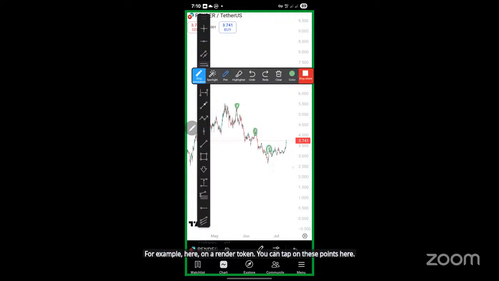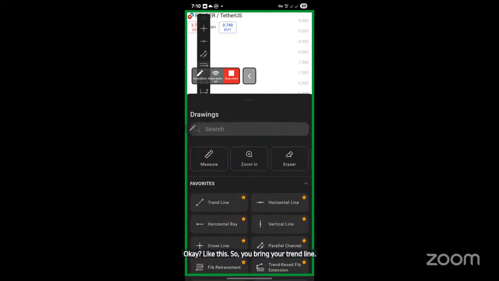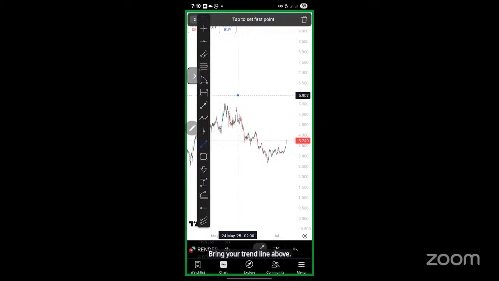So you bring your trend line above the candles, tap here on the up, and then scroll it down like that.